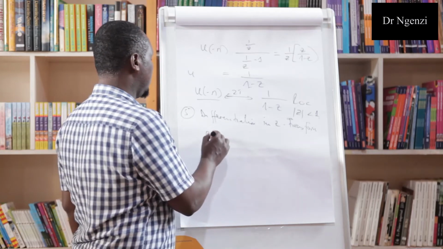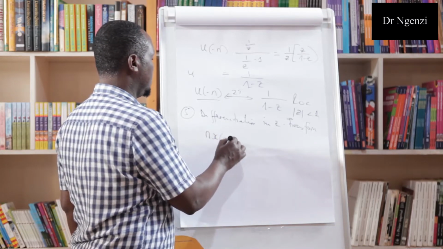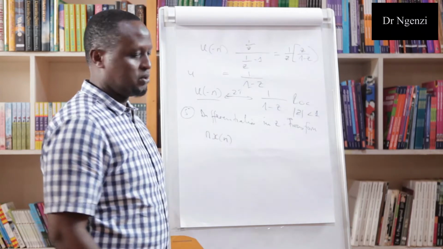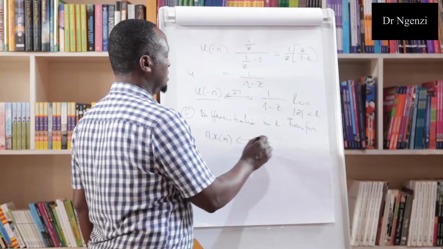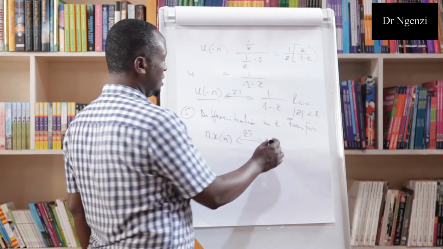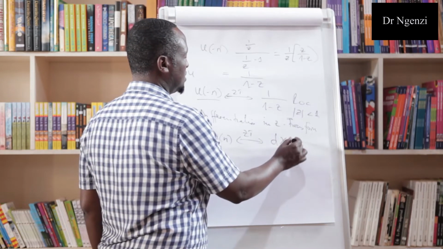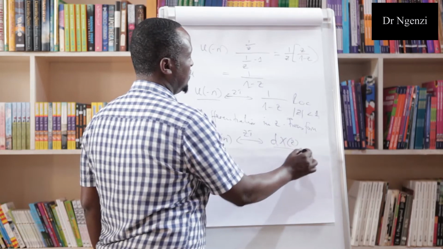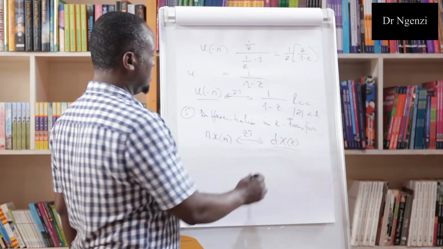So suppose you have x of n in this case. Using the Z transform, you can end up getting d big X of Z over dz.